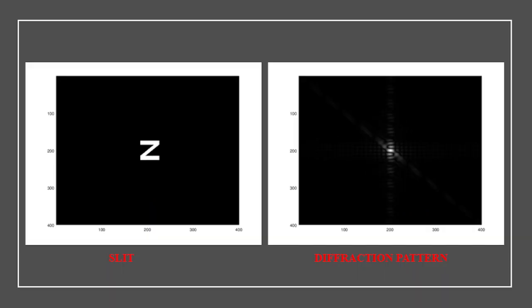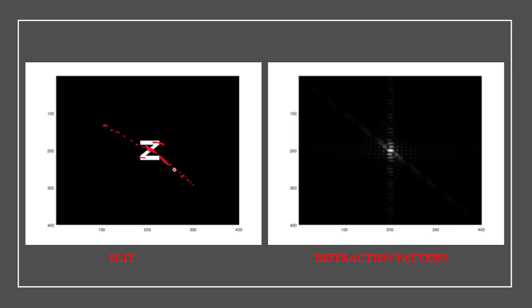And then for the Z slit also, you can assume that it's a superposition of three rectangular slits. One is this portion, another is this portion, and another is this portion. For this portion, from here to here, if you want to draw a diffraction pattern, again you have to draw a perpendicular line to this length, and you can draw like this.